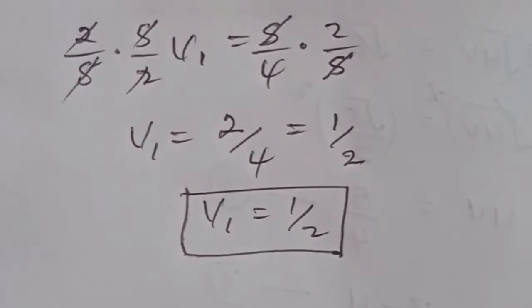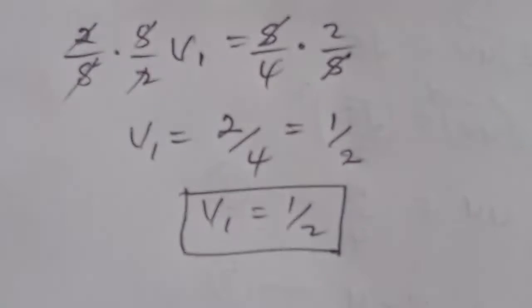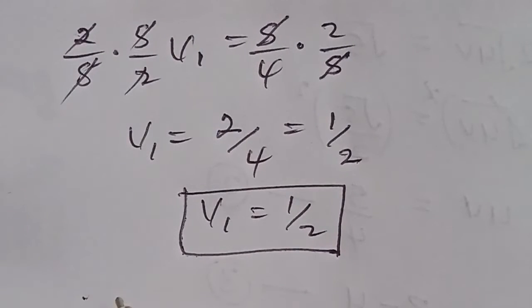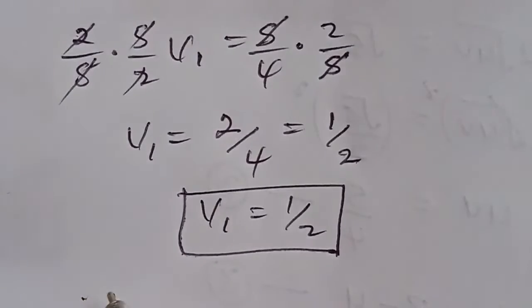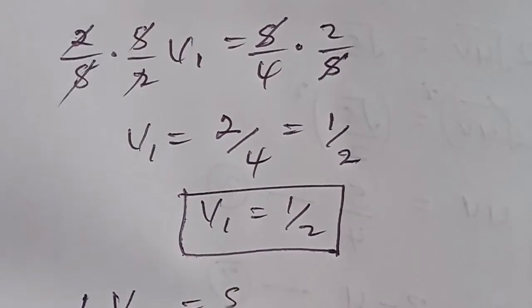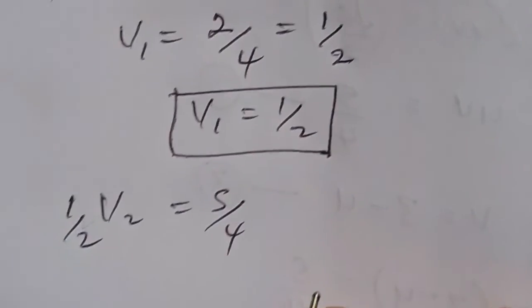Now we can as well find the value of v2. Substituting u2 to get v2, we have u2 equal to 1 over 2, v2 equal to 5 over 4.